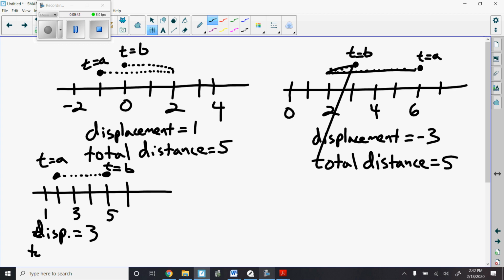My total distance would also equal 3. So if we only travel in one direction and we're going to the right, my displacement and my total distance traveled can be the same, right? It's like I never had negative velocity. I never went to the left. Okay, so displacement and distance traveled can be the same.